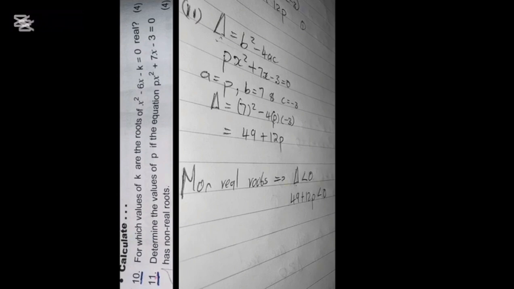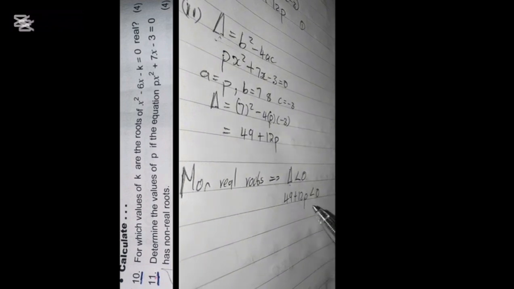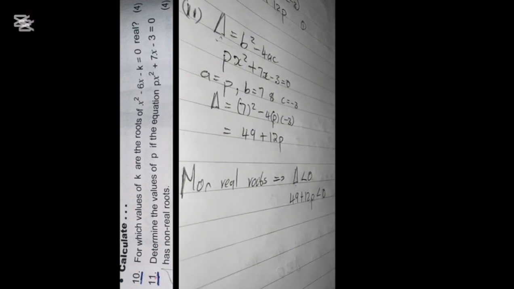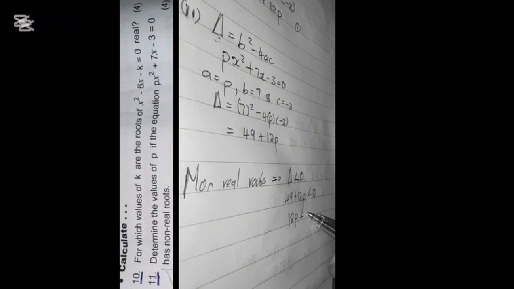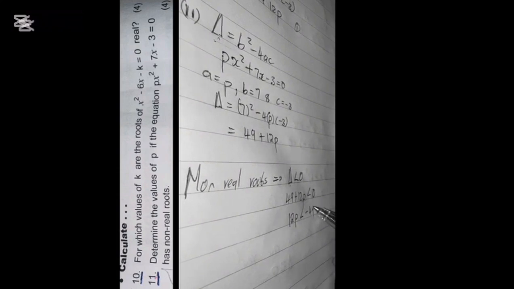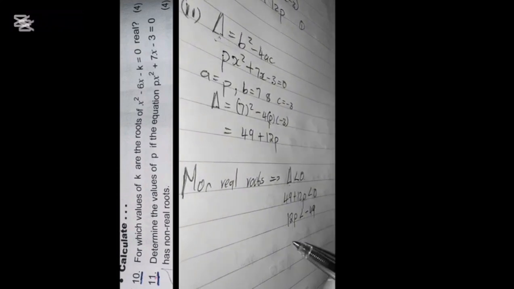And remember, the third step is to solve for the unknown variable. So here we have to solve for p. When we solve for p, we are going to have 12p is less than negative 49. Then from there, we are going to divide both sides by 12.